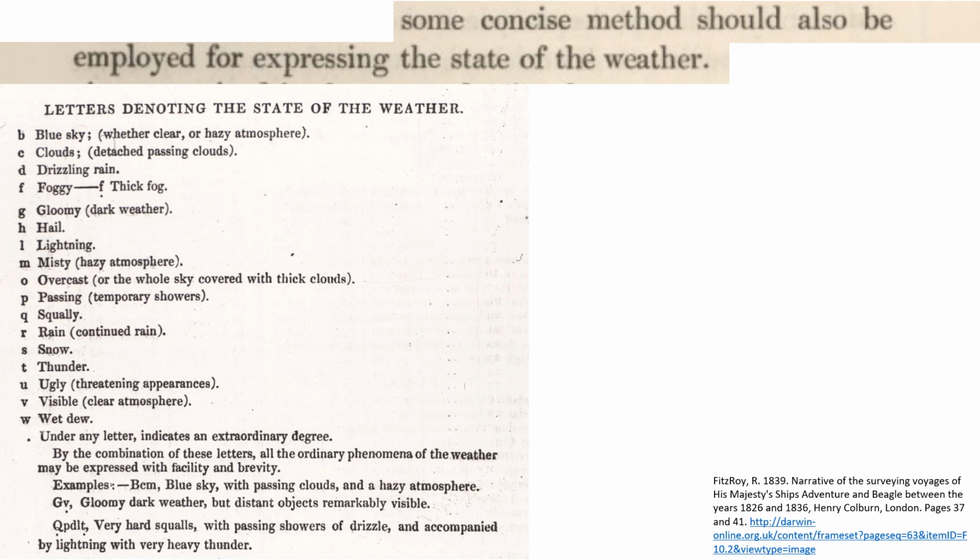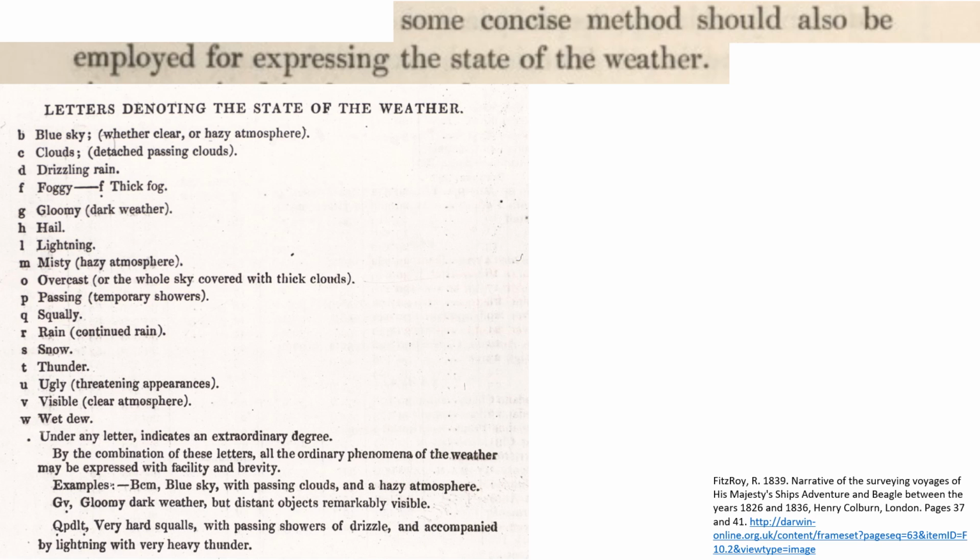As it turns out, Fitzroy was the perfect person to whom such instructions could have been given. For every day of the almost 5 years of the voyage, Fitzroy did exactly as Beaufort had instructed, meticulously recording the wind and the weather.